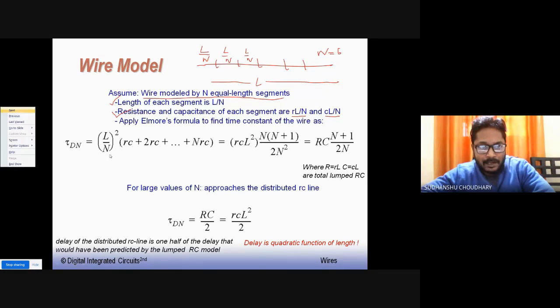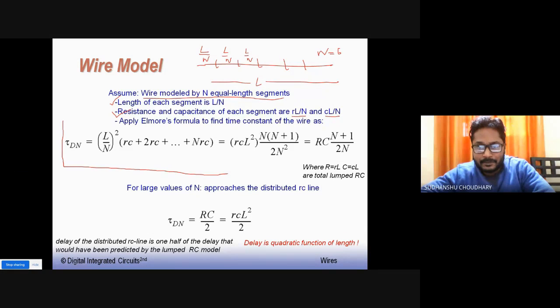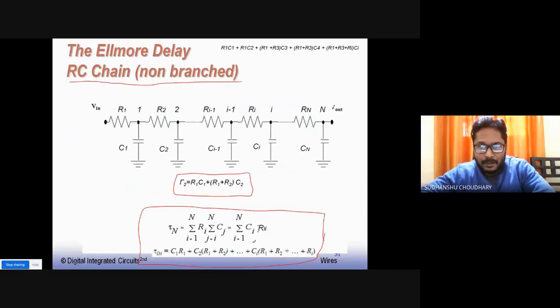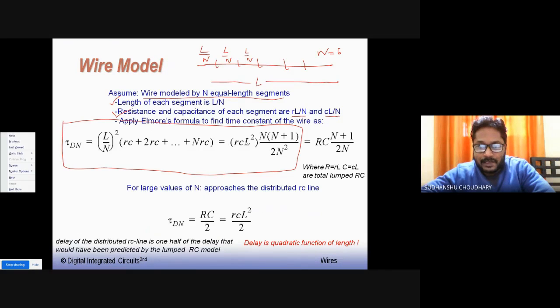And this time we will put, so this can be calculated, and this comes out to be equal to this much, RC L square. Simply in the previous formula, here we will utilize C as CL by n and R as RL by n. So C as CL by n and R as RL by n we have to put, and you'll get this formula. And further, if you reduce this, you'll get RC (n plus 1) by 2n.